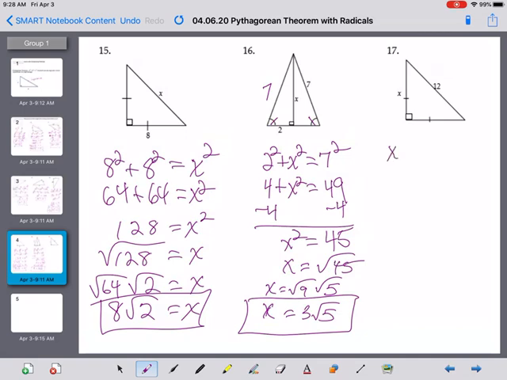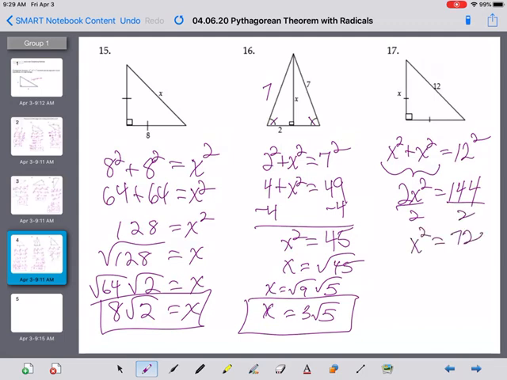And then we'll finish with 17. x squared plus x squared equals 12 squared. x squared plus x squared is 2x squared by combining like terms, equals 144. Isolate the x squared by dividing by 2 on both sides. x squared equals 72. Go ahead and take the square root of both sides. And now we're looking for factors of 72.